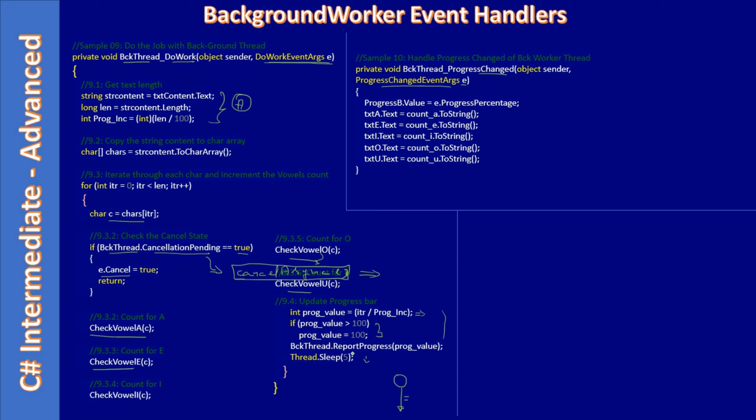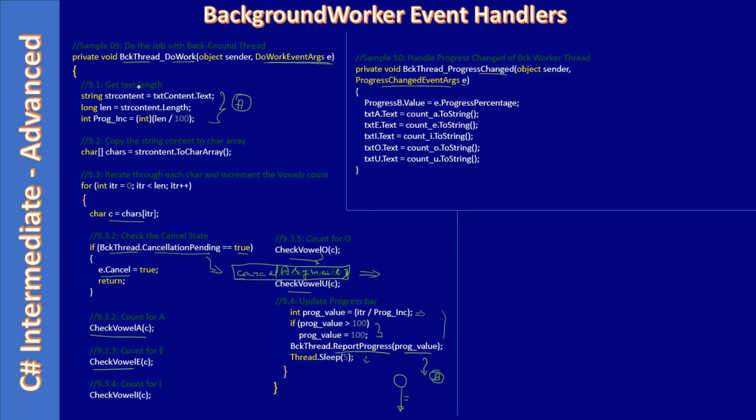All right, now we will come back here. Here we are making a call to ReportProgress, and we send a parameter, the progress value. What happens is ReportProgress will raise the ProgressChanged event. We already saw this in our previous part when we learned about the background worker component.